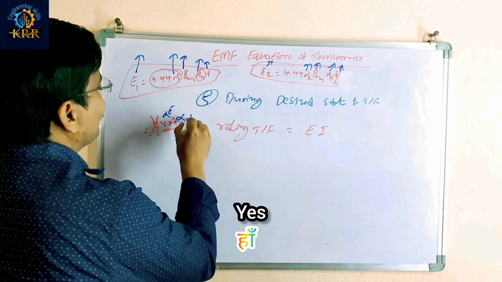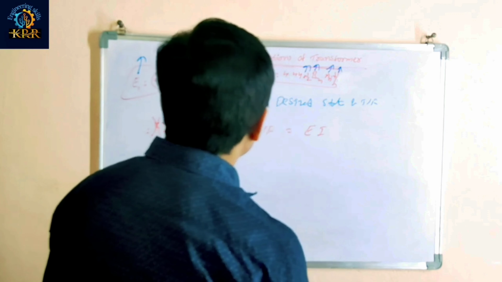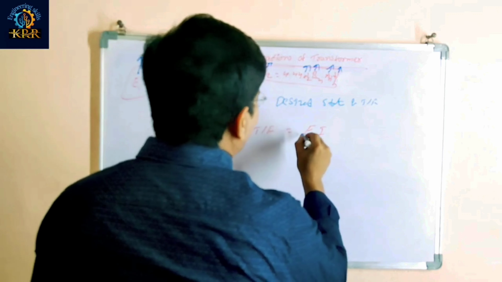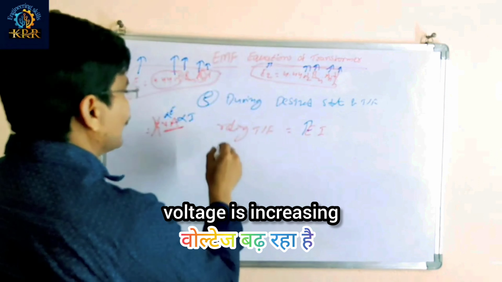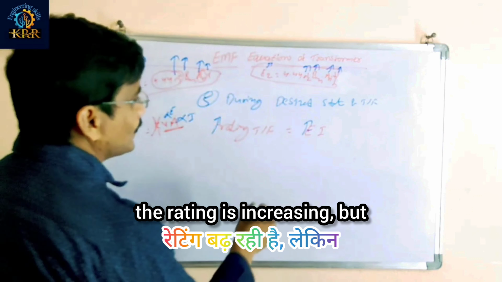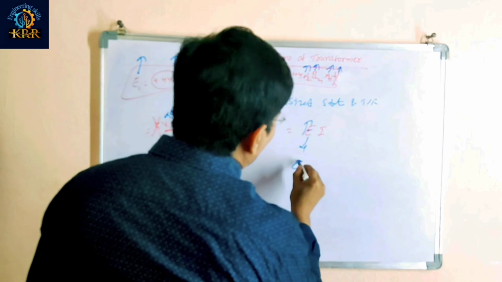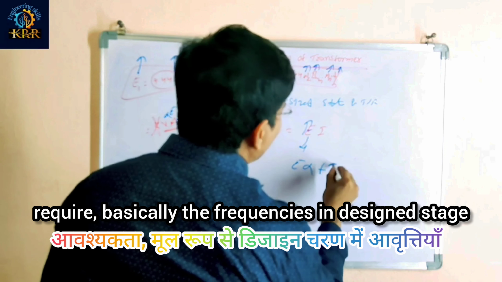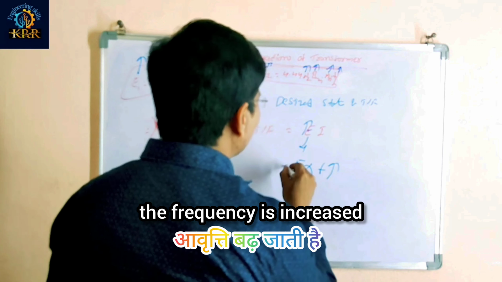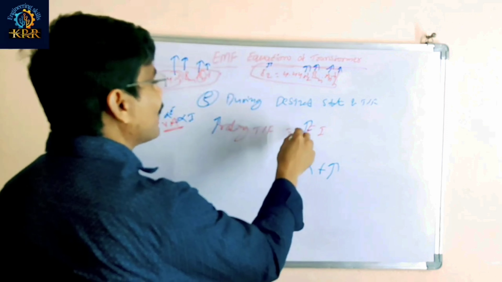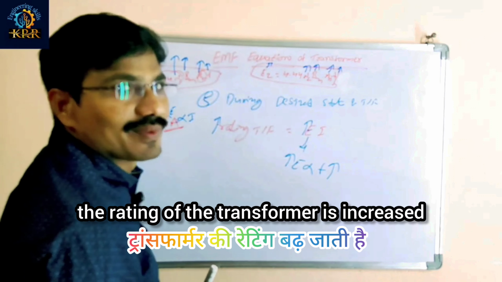In this case, the voltage is increasing, so the rating is increasing. Basically in the designed stage, if the frequency is increased, EMF is increased, and the rating of the transformer is increased.